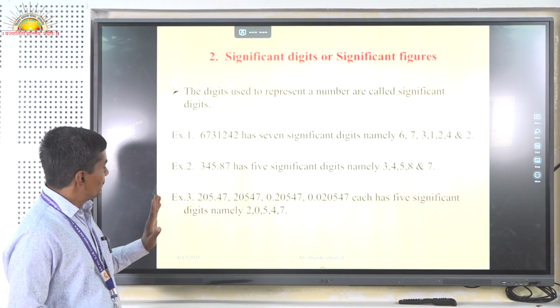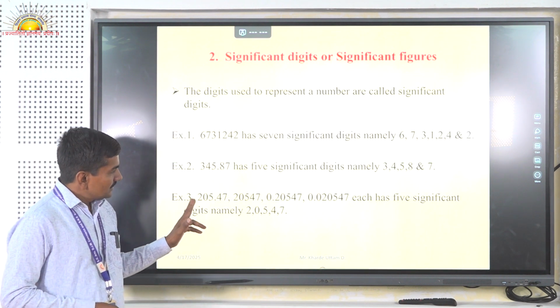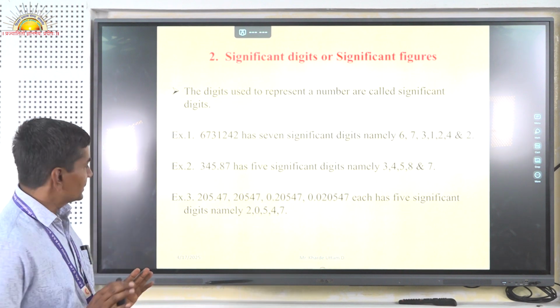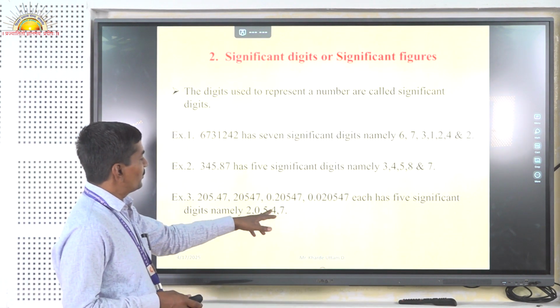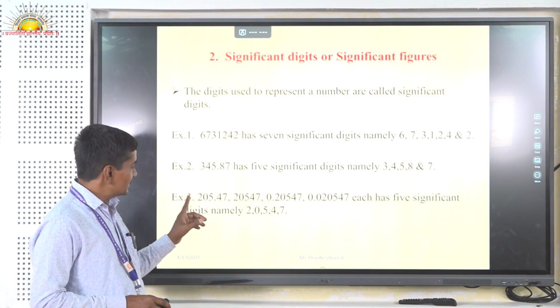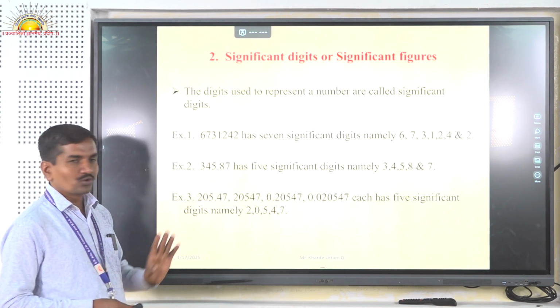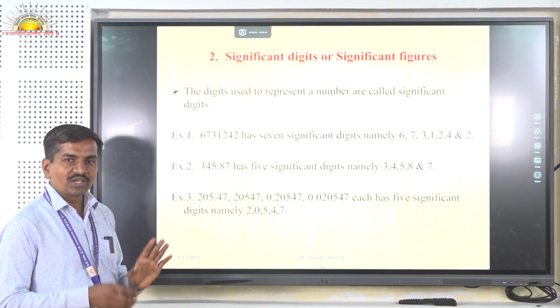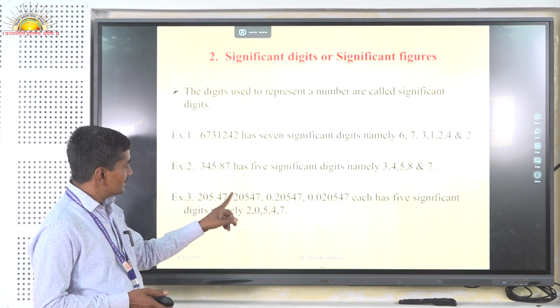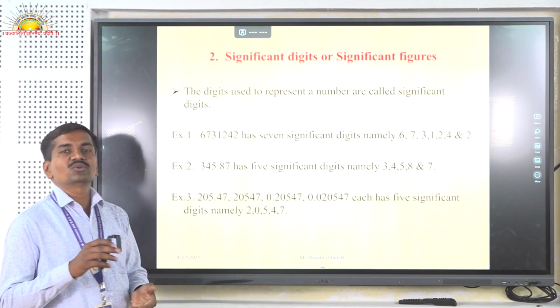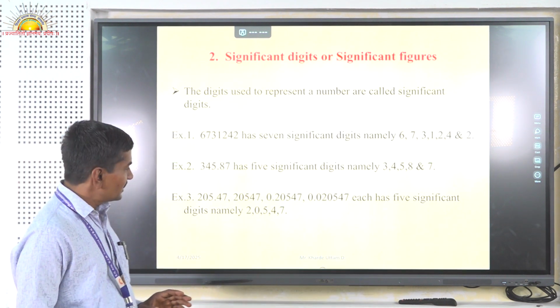Now, in example number 3, each number has 5 significant digits, namely 20547. The first number 205.47 has 5 significant digits, whereas the number 20547 also has 5 significant digits.